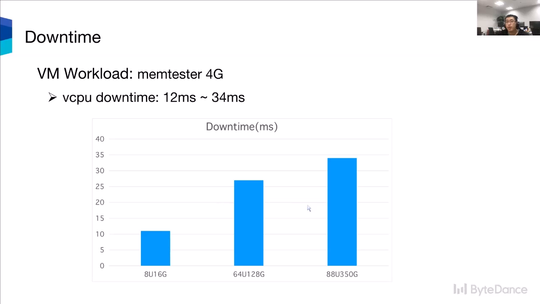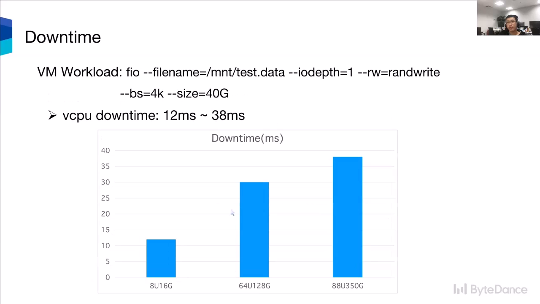For the memory tester, we use 4 GB memory in the VM, and we observe the distribution of VM downtime is 12 milliseconds to 34 milliseconds.